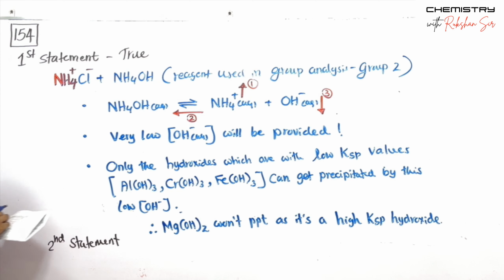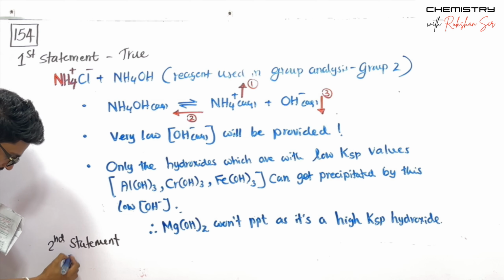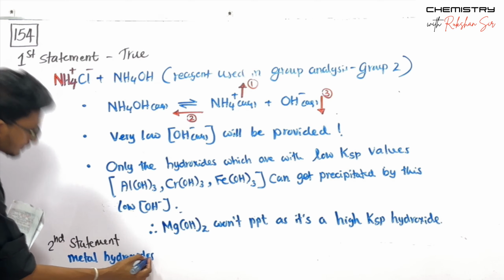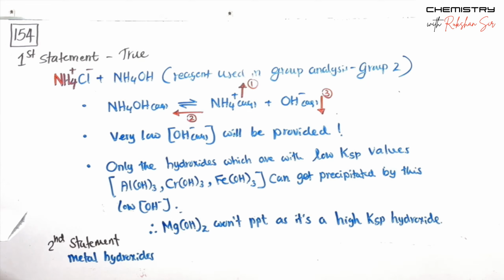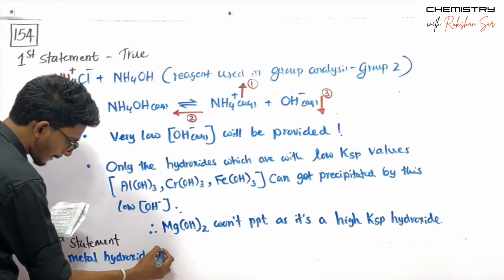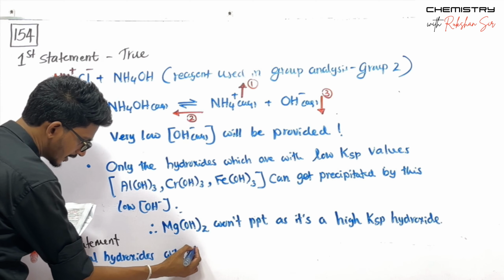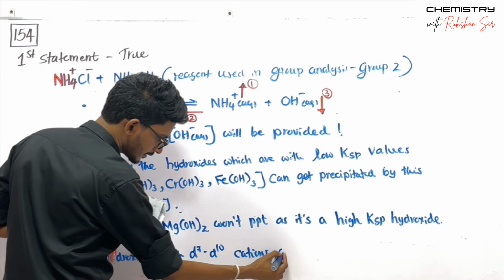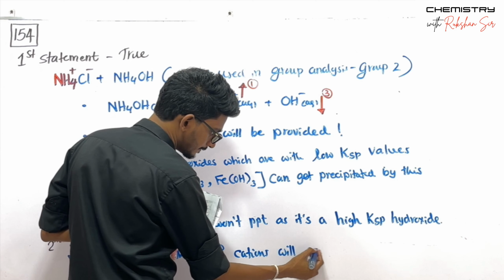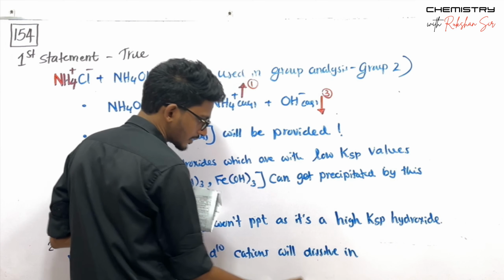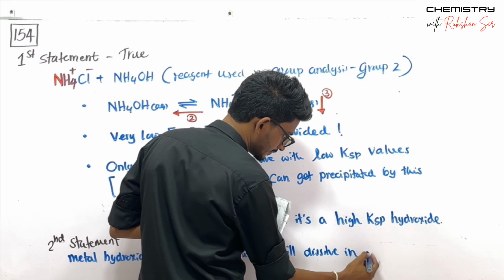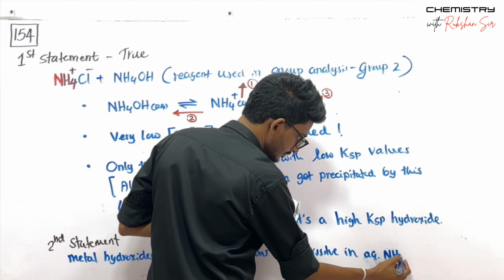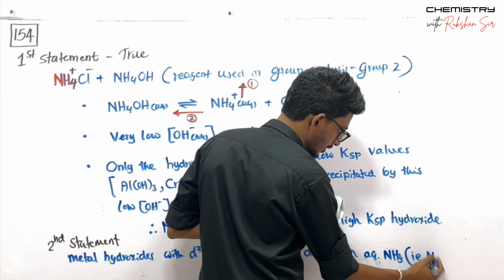The metal hydroxides with D7-D10 cations will dissolve in aqueous ammonia. This is also known as ammonium hydroxide.